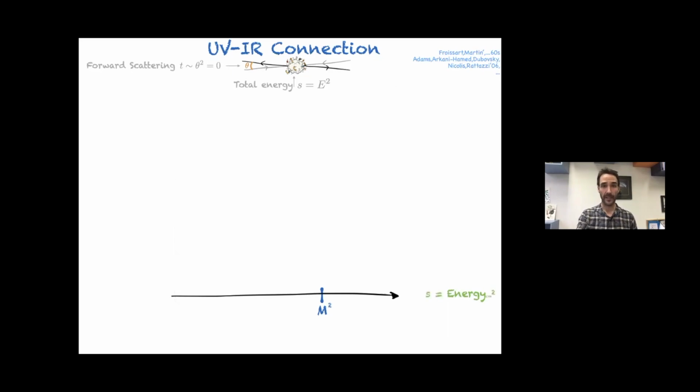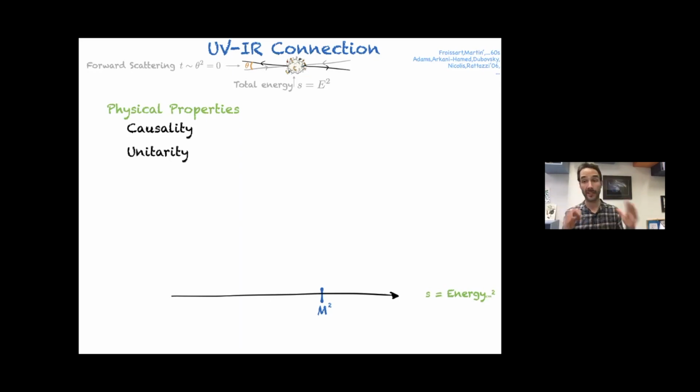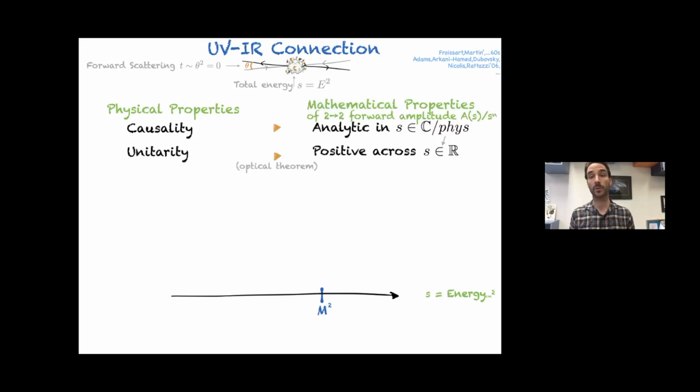So in this situation, the amplitude is just a function of the energy, Mandelstam S, the energy squared. And particularly, I want to translate the physical properties of causality and unitarity into some mathematical properties of the amplitude, of the 2-to-2 forward amplitude. Causality translates into the amplitude being analytic for complex S. So we work in the complex S plane, and it's analytic up to some singularities in the physical region.